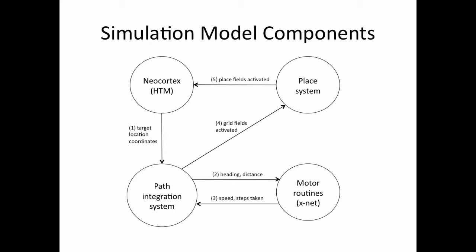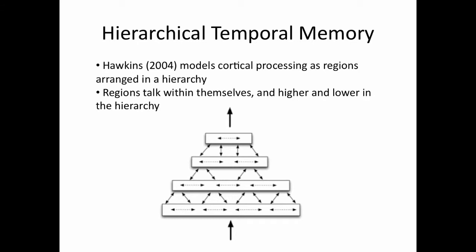Let's talk about this HTM component, this neocortex component, because that's where I'm shifting my attention now. Jeff Hawkins in 2004 proposed a model of cortical processing as regions arranged in a hierarchy, and he implemented this in software, in open source software called Hierarchical Temporal Memory.